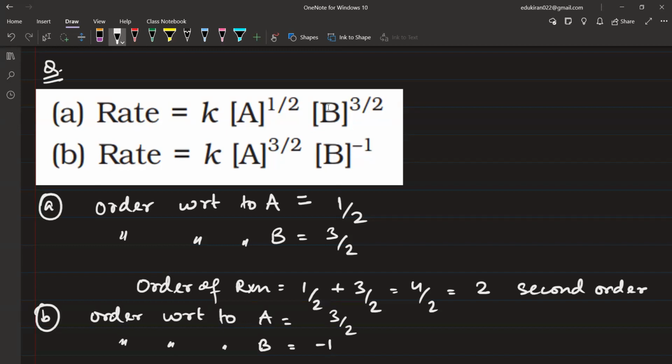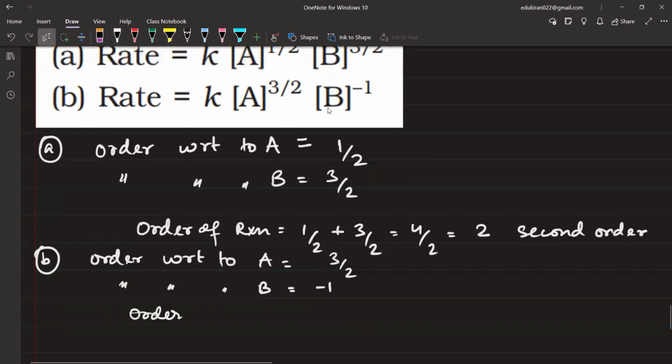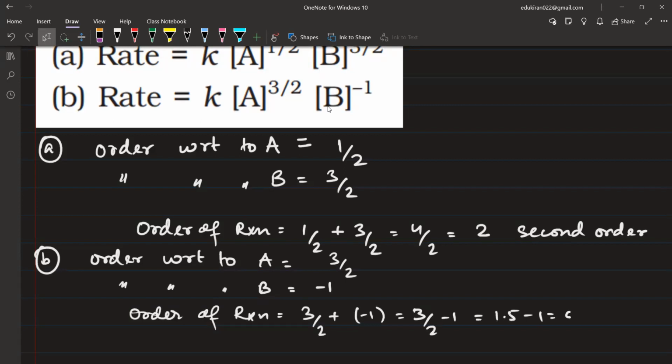And what will be the order of reaction? 3/2 plus -1, which will be 3/2 minus 1, which will be equal to how much? 3/2 is 1.5. Minus 1 will be equal to 0.5, which will be equal to half. This is half order. No problem, right? Simple and easy.